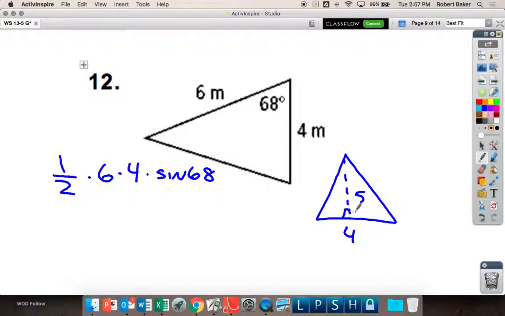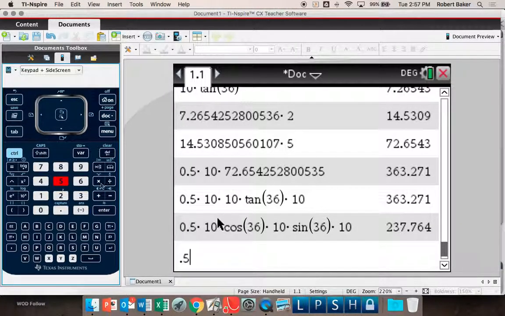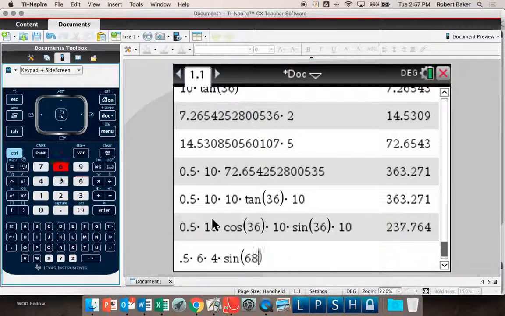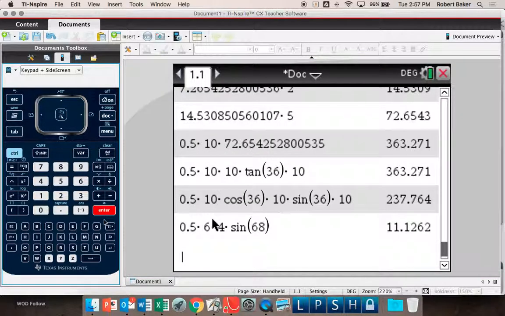Was there any interior angle measurement there? No, but now I'm giving you an angle measurement. So the area of this triangle, 1/2 times 6 times 4 times the sine of 68. 11.12.